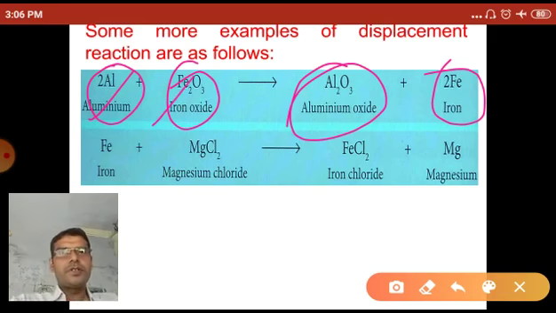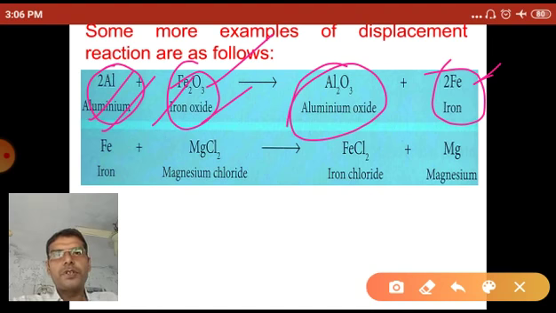In the reactivity series, aluminum has a top position as compared to iron. So aluminum displaces the iron and forms aluminum oxide, and iron is displaced.